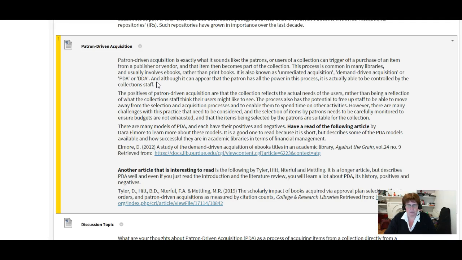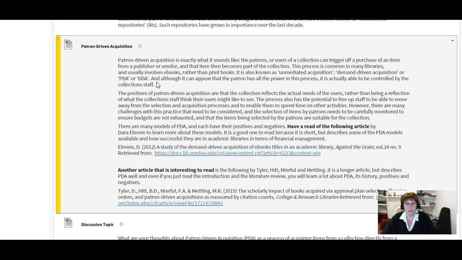So what happens is the user comes along, they do some searches on the catalogue, they see a book, and they think, oh, I'd love to see that. I'll click on that and I'll get hold of that book because it's here on the catalogue. But what's actually happening is that clicking on the title of that book by the patron will then trigger off either a purchase of that book from the publisher, or it might trigger off a single access into it if it's an ebook.